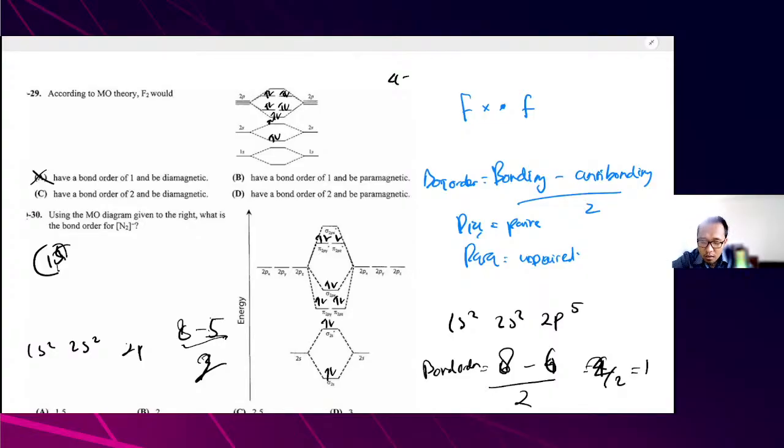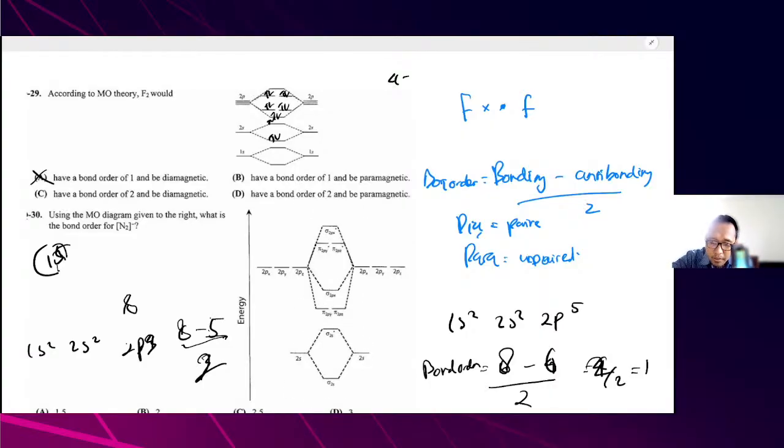Why? Wait, 2p4, right? Eight, and then hey, what? 7. 3, bro. 3.